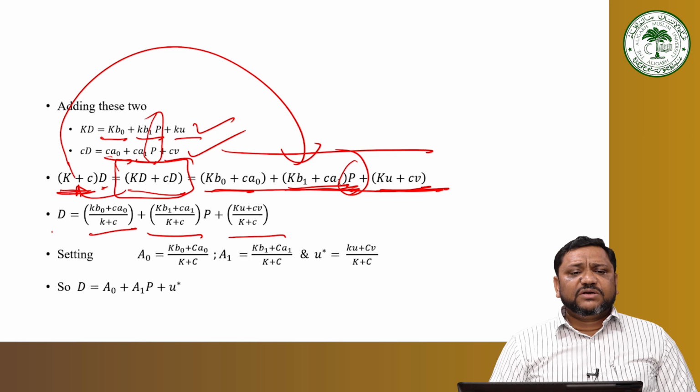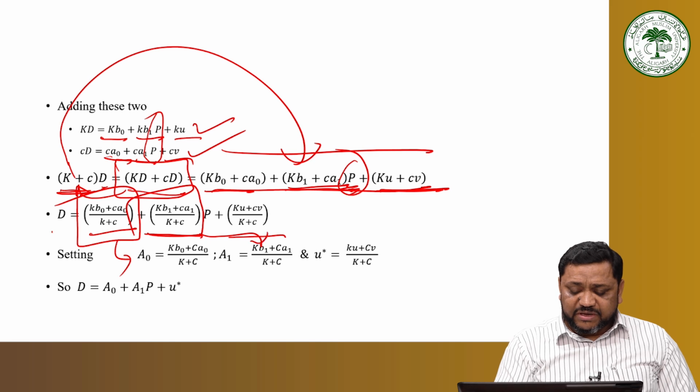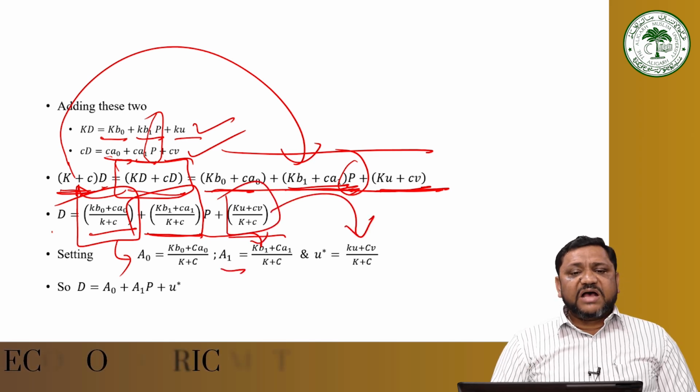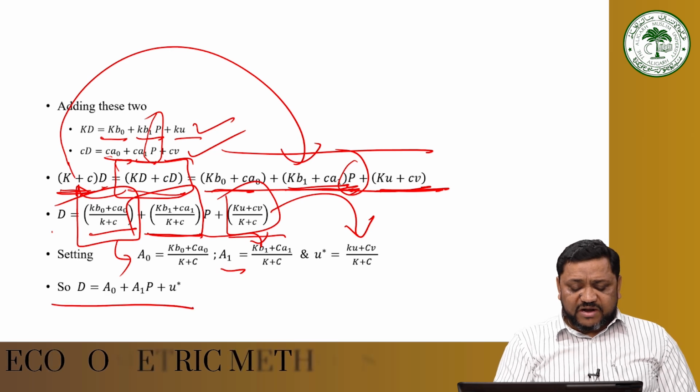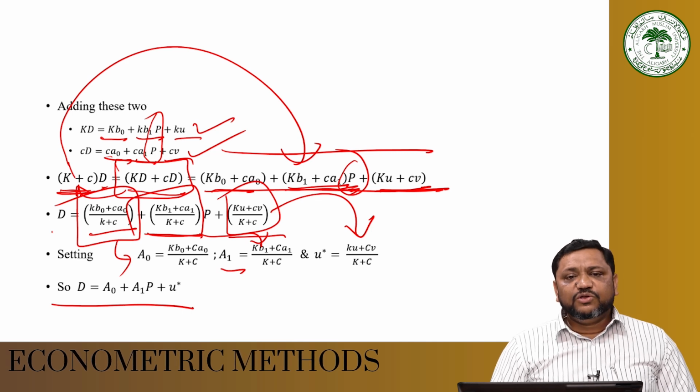Now we just assume that this term is A0, this term is A1, and this term is U asterisk. So we can write the final equation as D is equal to capital A0 plus capital A1 P plus U asterisk.